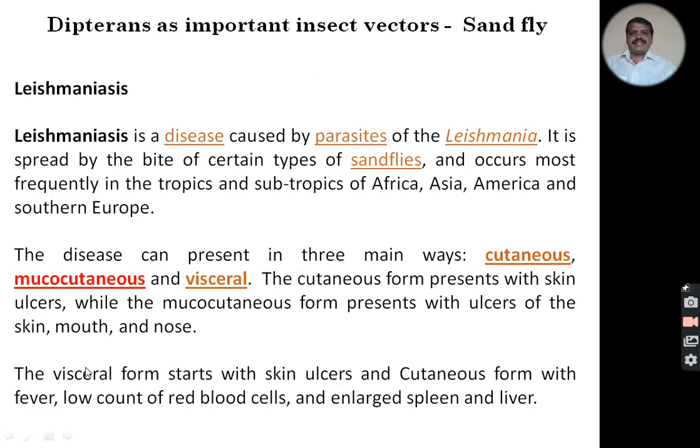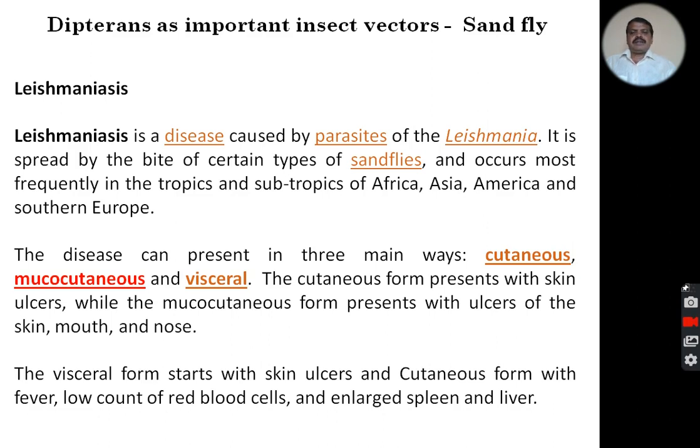Leishmaniasis is a disease usually caused by the parasites of Leishmania. It is spread by the bite of certain types of sandflies and occurs most frequently in the tropics and subtropics of Africa, Asia, America and Southern Europe.